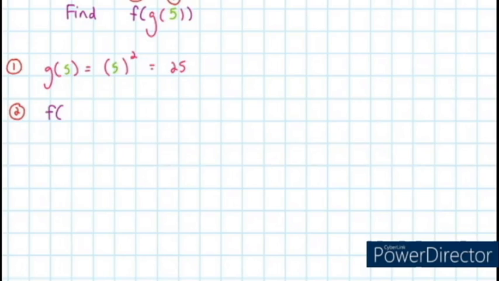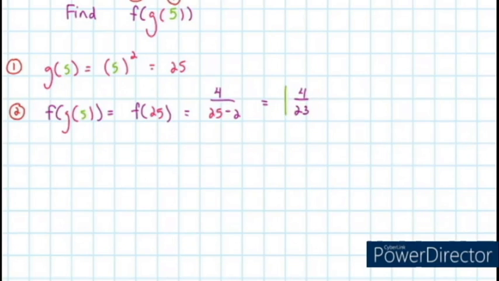Afterwards, we plug it into the function f of x, and f of g of 5 is also equal to f of 25, because that's equal to g of 5. Then the function f is 4 over x minus 2, which in this case would be 4 over 25 minus 2. So that would give us 4 over 23 as our final answer.